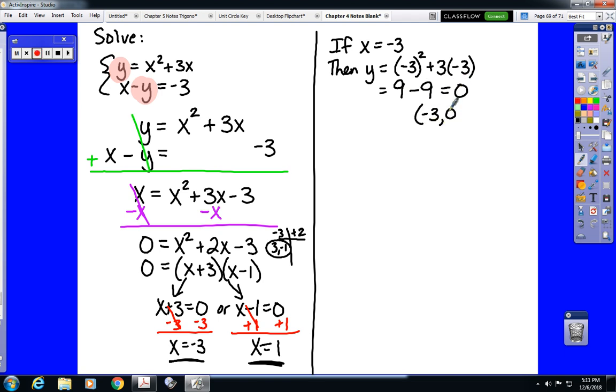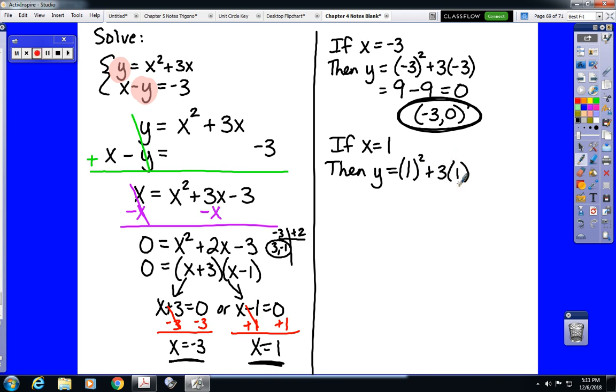So our first answer to our system is the point negative 3, 0. We're going to repeat that step for the other x value. If x equals 1, then y would be 1 squared plus 3 times 1. That would be 1 plus 3, or 4. So my second solution is the point 1, 4.